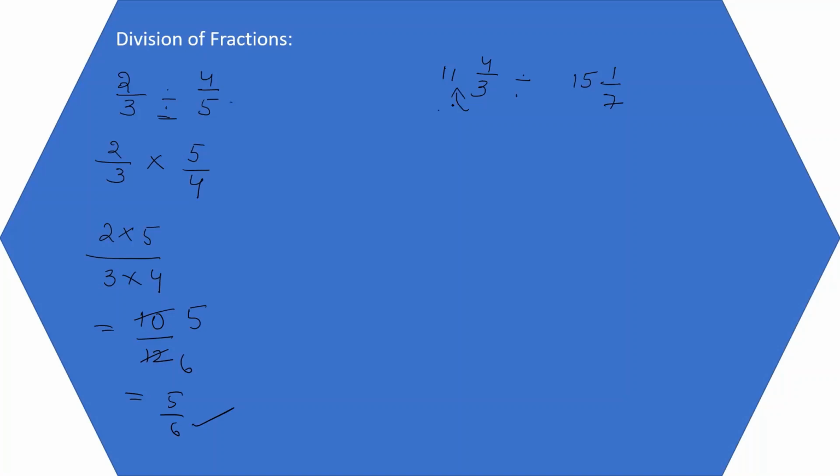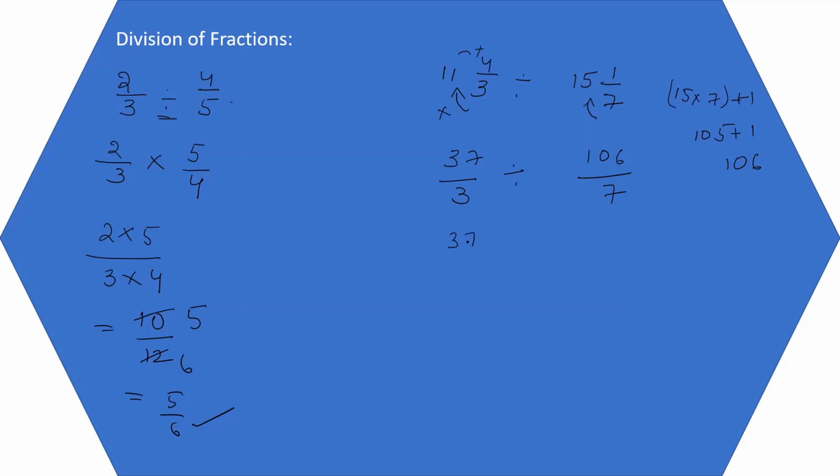Multiply these two and add. 3 11s are 33. 33 plus 4, 37. 37 by 3, divided by, multiply 15 into 7 and add 1. 15 sevens are 105 plus 1, 106, right? The denominator we have 7, as is. We have converted the mixed fractions into improper fractions.